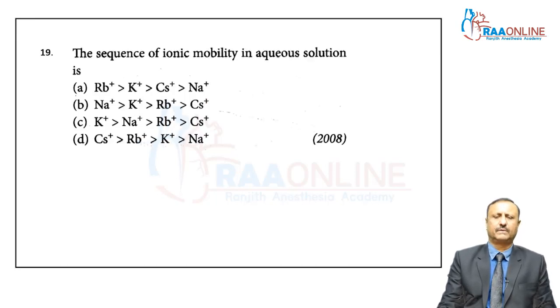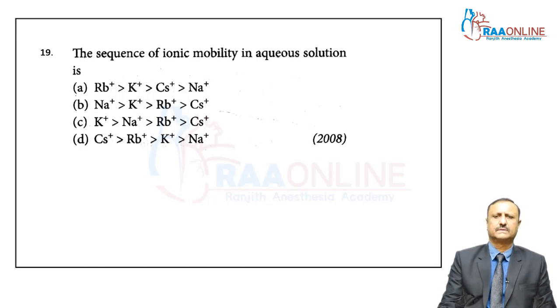The sequence of ionic mobility in aqueous solution is. Here, my dear students, when hydration is maximum, ionic mobility is less. In aqueous solution, lithium has the most hydrated ion. After lithium, sodium, potassium, rubidium, cesium, hydration is less, not hydrated more.